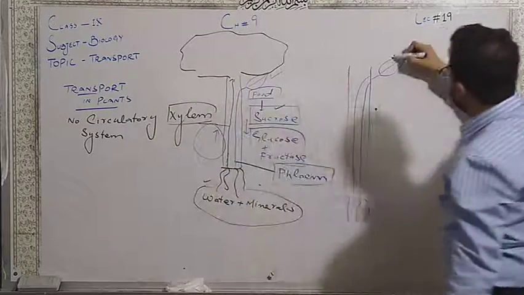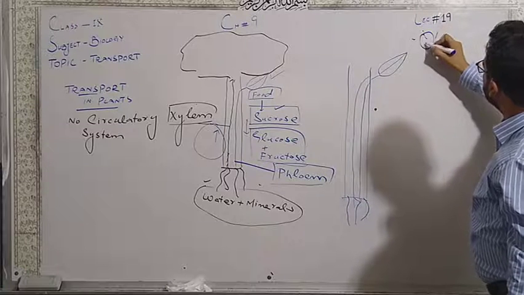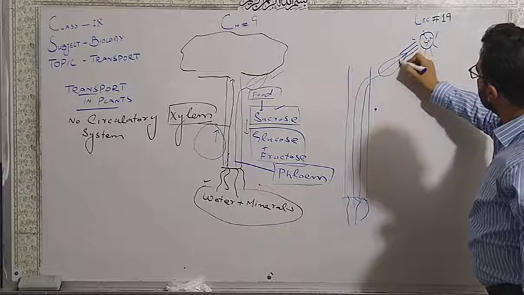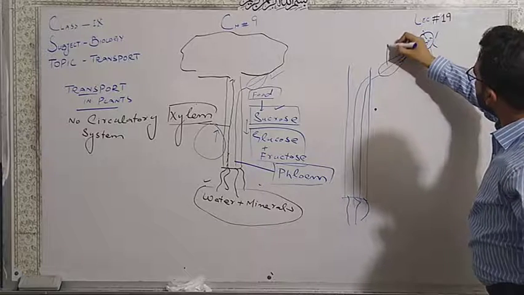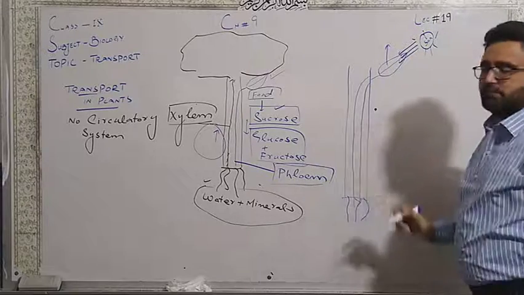My dear students, as the sunlight is falling on the leaf, the water usually evaporates from the aerial parts of the plant.